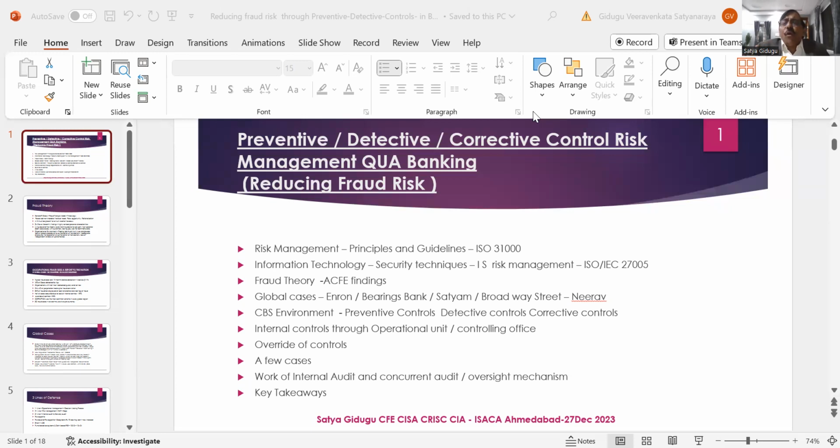Controls overridden by a few people, and even the internal auditor company PwC doesn't know. PwC is a great company, Big Four. The auditors were also surprised. They were surprised and they were penalized, they were arrested.